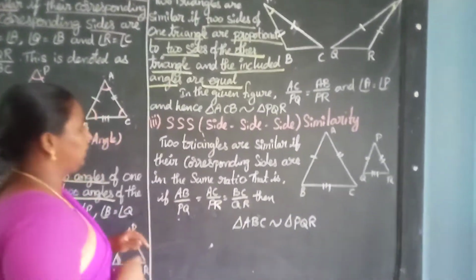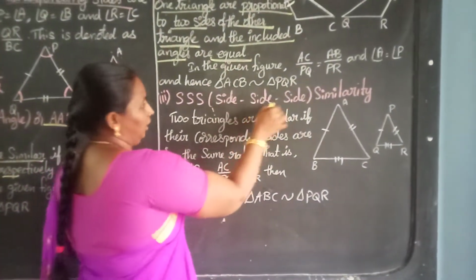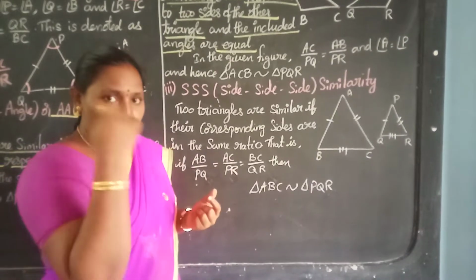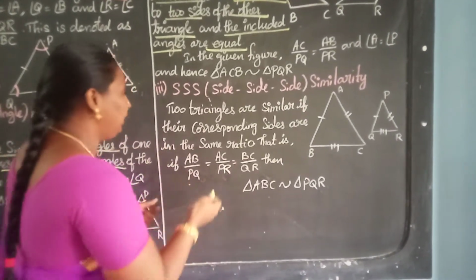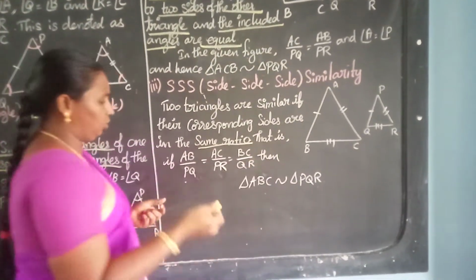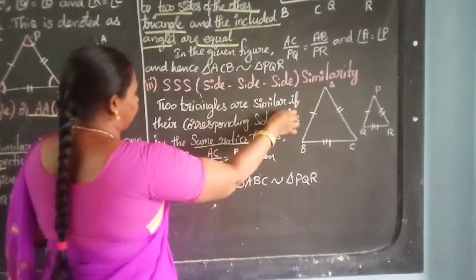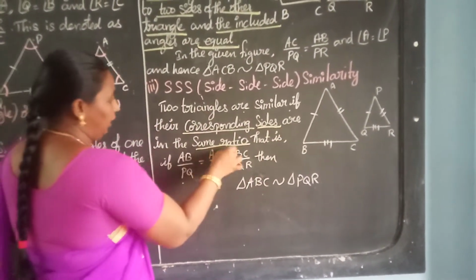Okay. Move on to the next, the third one, side, side, side similarity. Here side, side, side means that the three sides of one triangle and the three sides of another triangle should be in the same ratio. Ratio and proportion, both are the same. So two triangles are similar if their corresponding sides are in the same ratio.